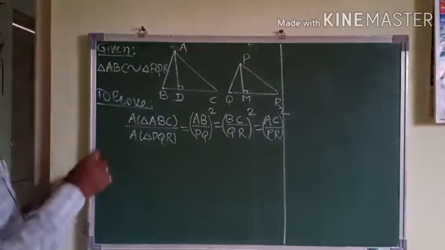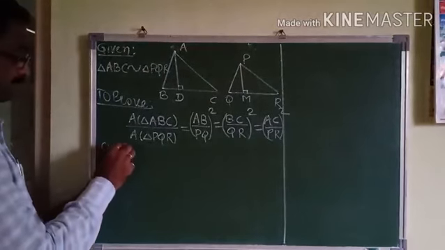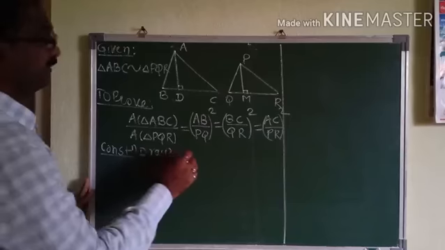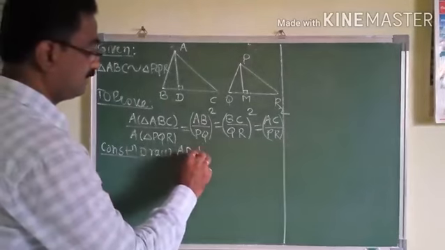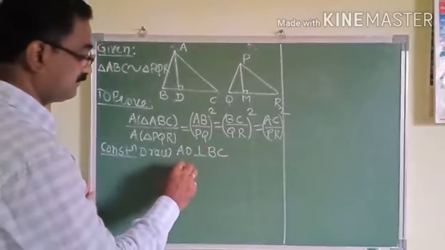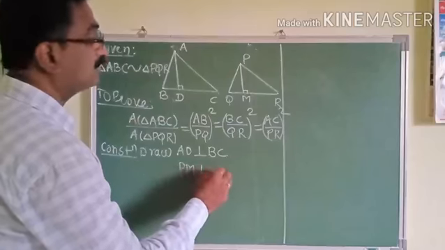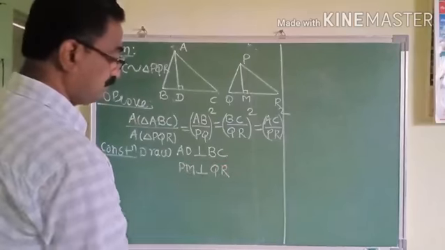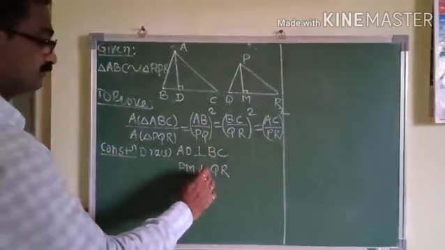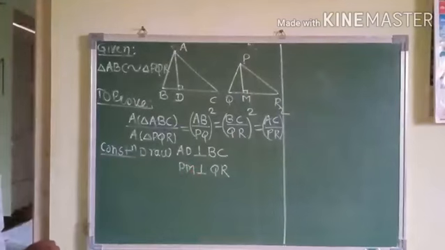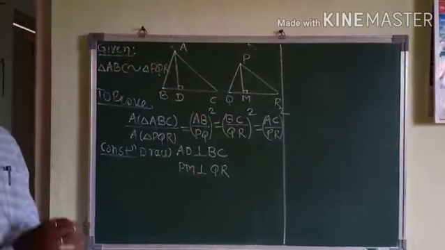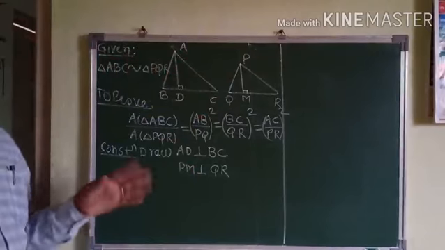Construction: draw segment AD perpendicular to segment BC and segment PM perpendicular to segment QR. AD is perpendicular to BC and PM is perpendicular to QR. So here we have done the construction.